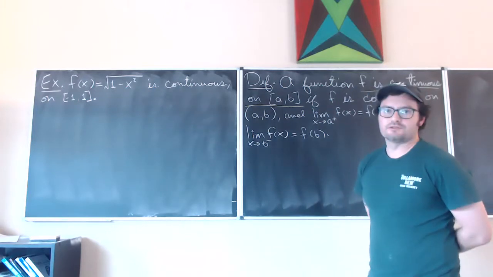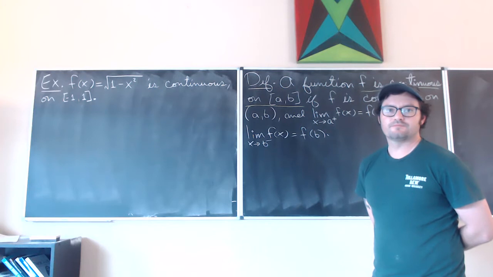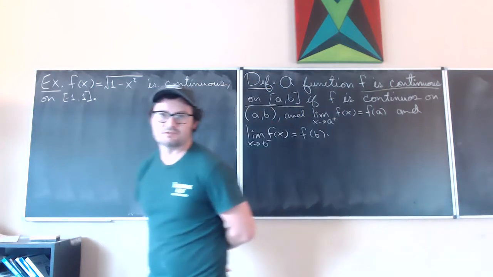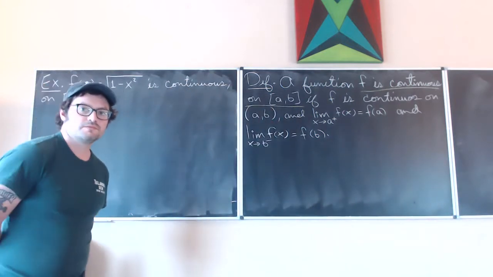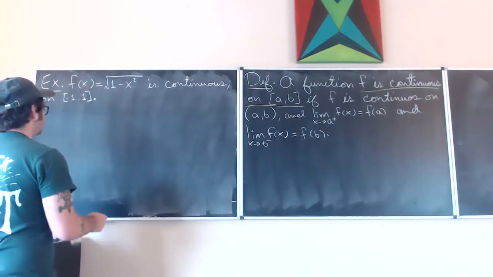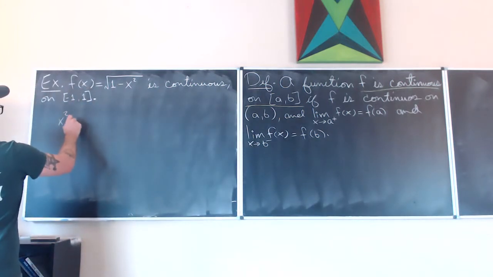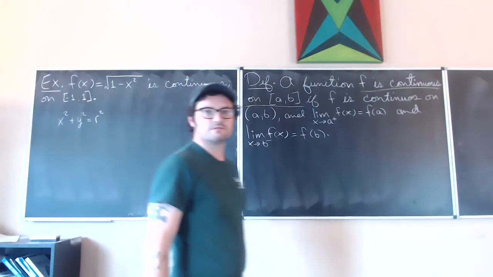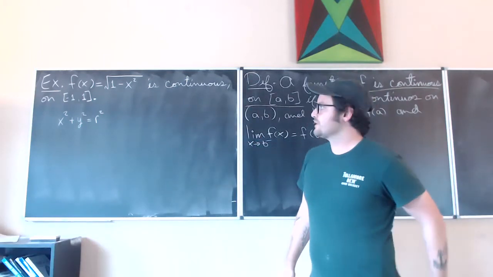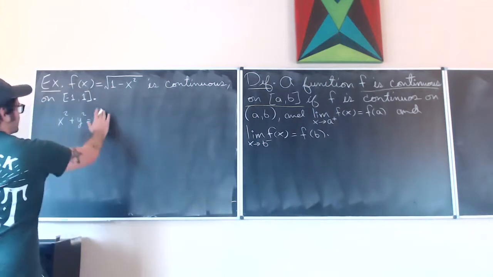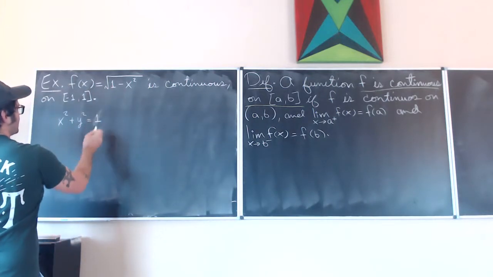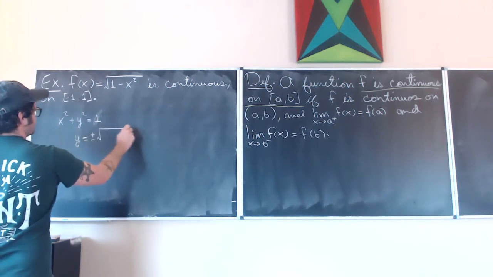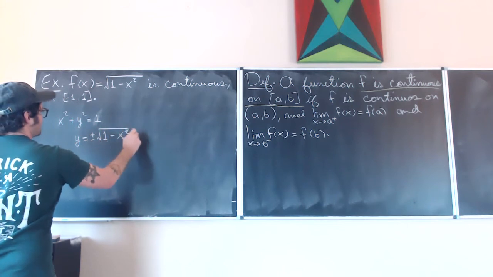Does anyone know what that function looks like? Do you remember the equation of a circle? Right, so like x squared plus y squared is equal to the radius of the circle squared. Y'all seen that before? Well, if your radius is just 1, then if you solve for y, you get y is equal to plus or minus the square root of 1 minus x squared.